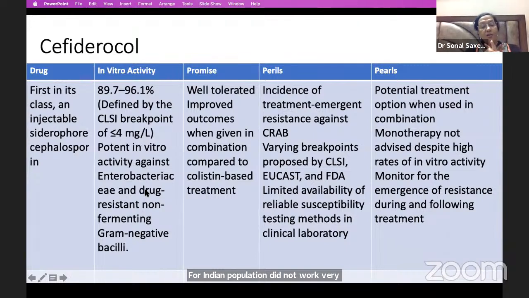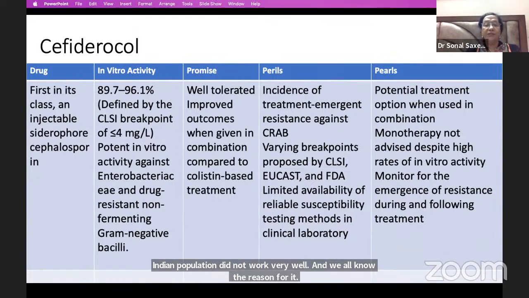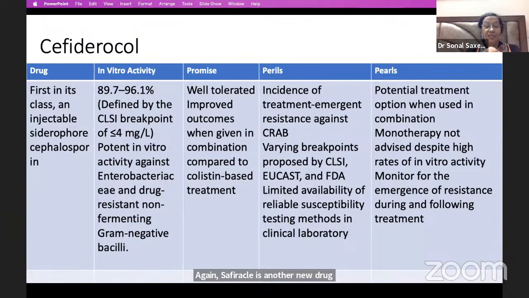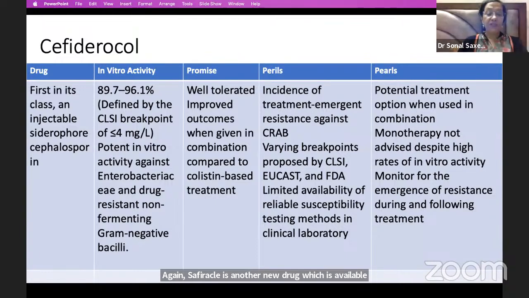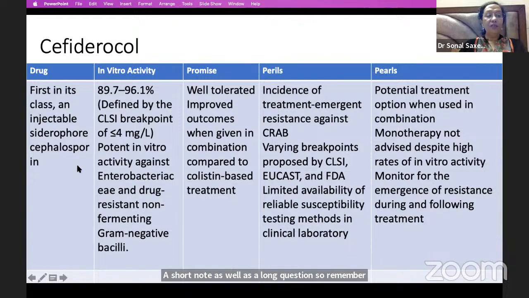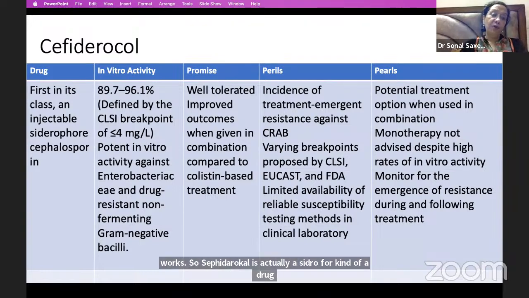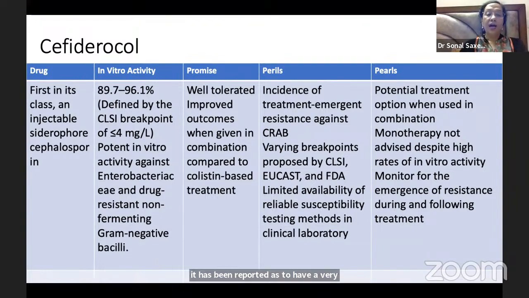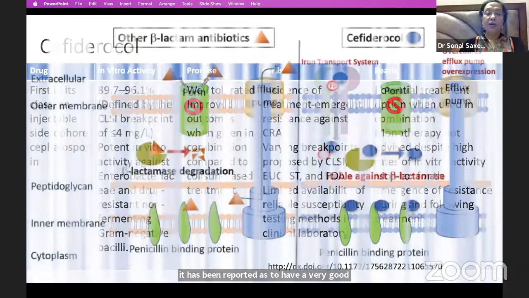Again, cefiderocol is another new drug which is available. These newer options for GNBs are again a short note as well as a long question. So remember these. Cefiderocol is actually a siderophore kind of drug. It has been reported to have very good activity, well tolerated outcomes, and can be used for treatment of CRAB.